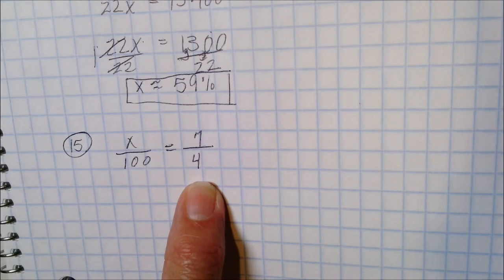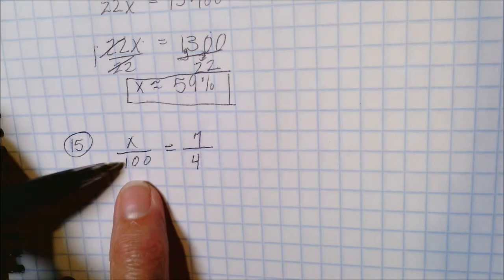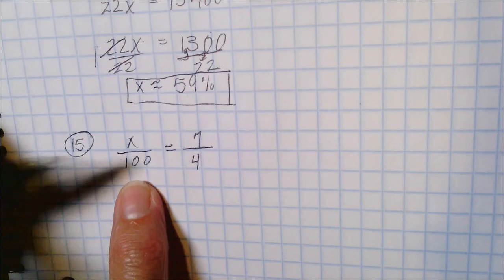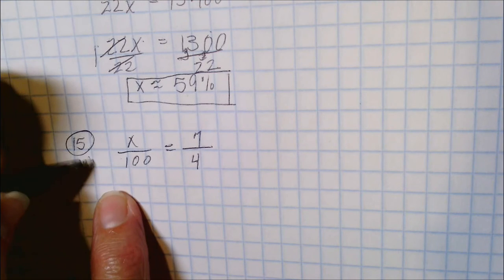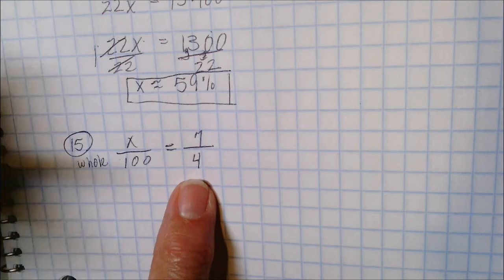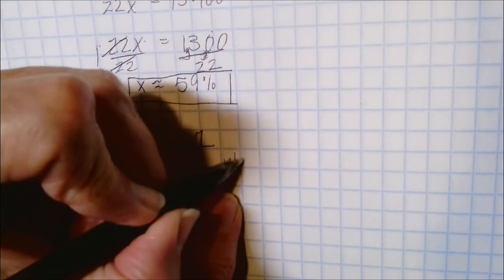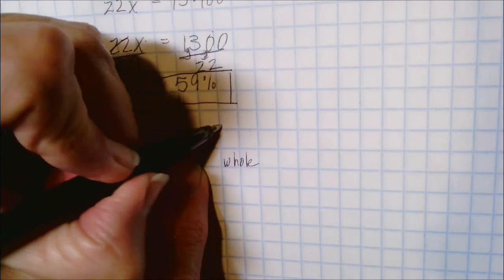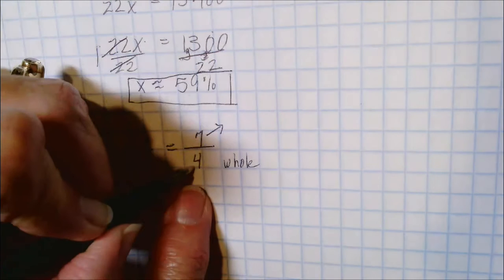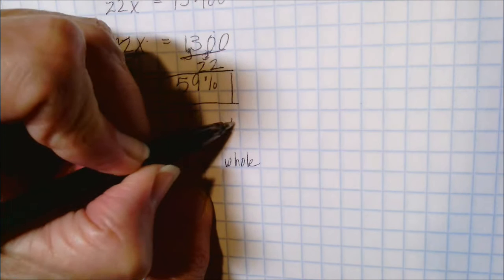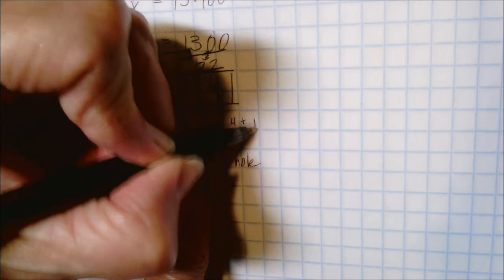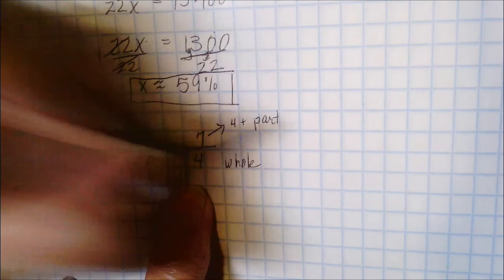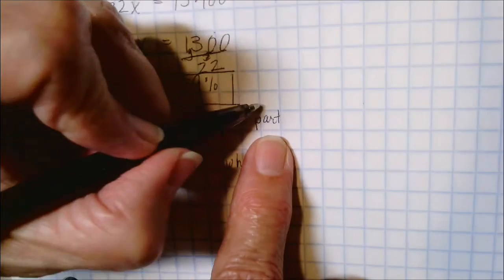Now let's talk about this for a minute. This is my whole. This is my whole school year. Up here, this 7 is made up of a whole plus a part. And that part happens to be 3.